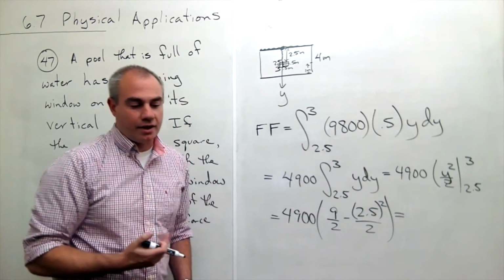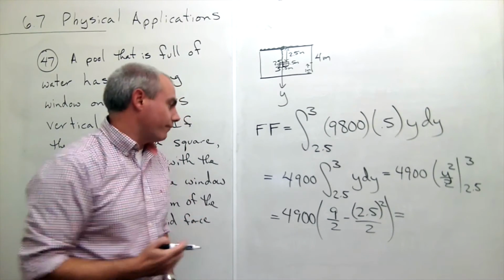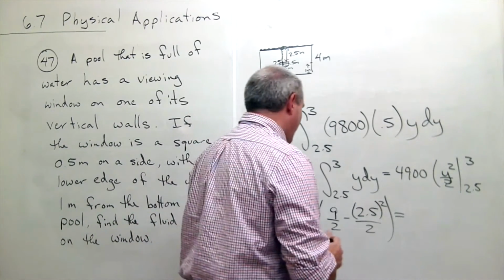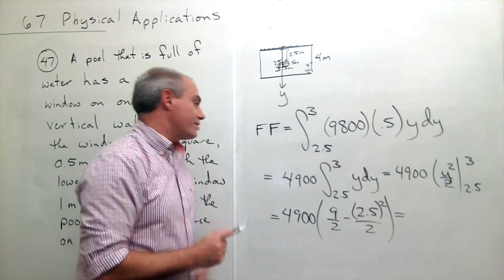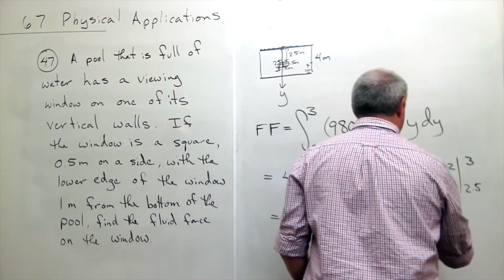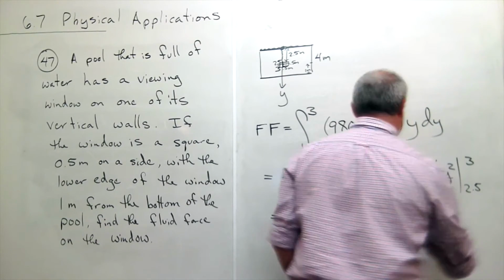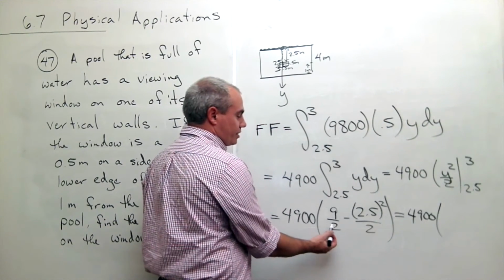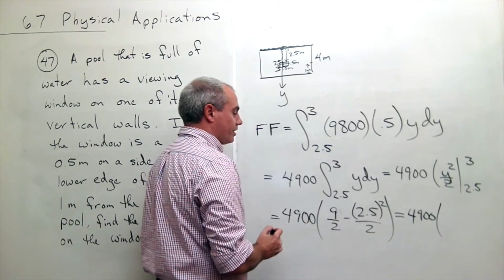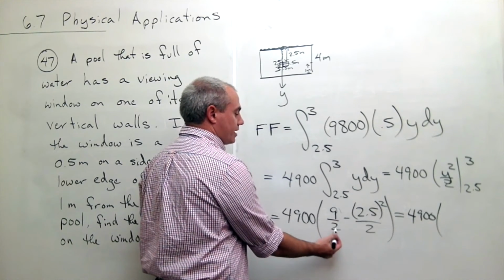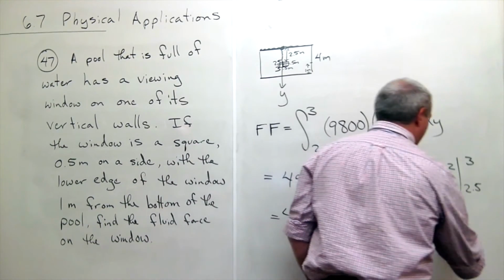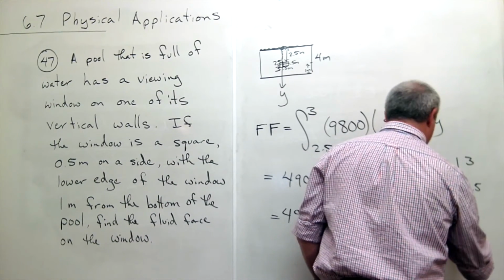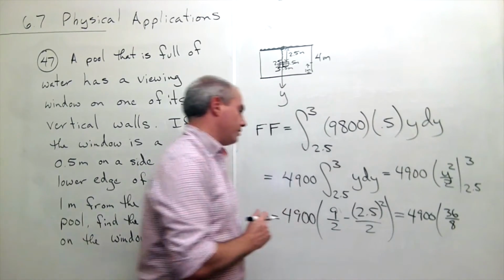Okay, and then I could go through simplifying this just a little bit. 2.5 is the same as 5 halves. So this is 4,900 times, and I'm going to change this into eighths because it's going to help me in just a second. Changing this into eighths, I multiply by 4 and get 36 eighths.